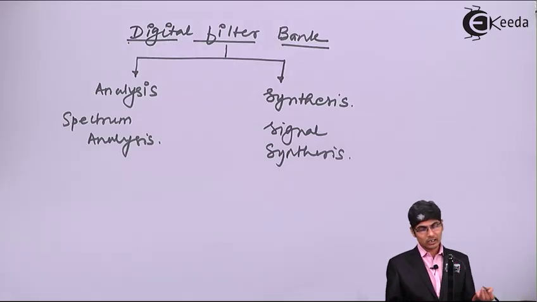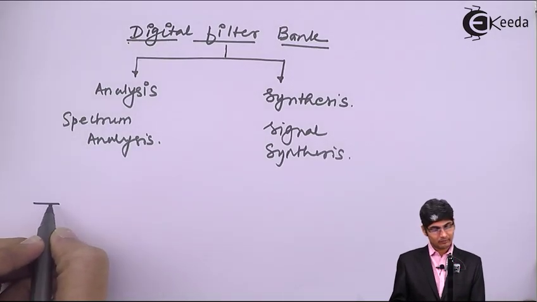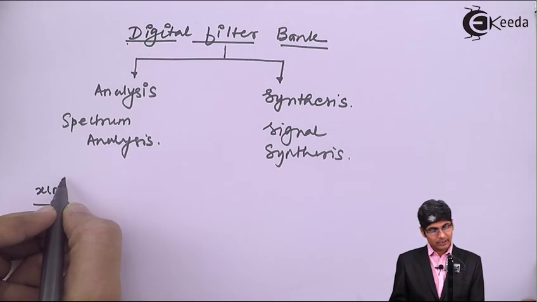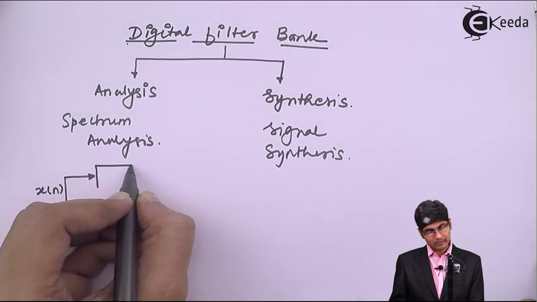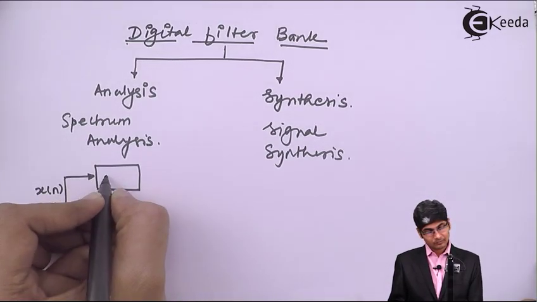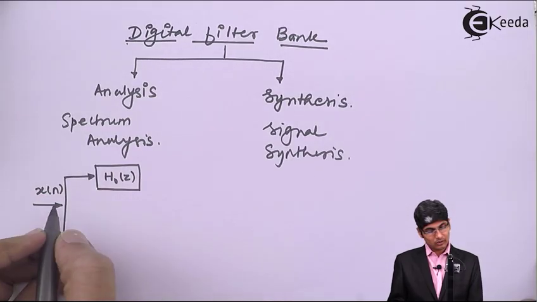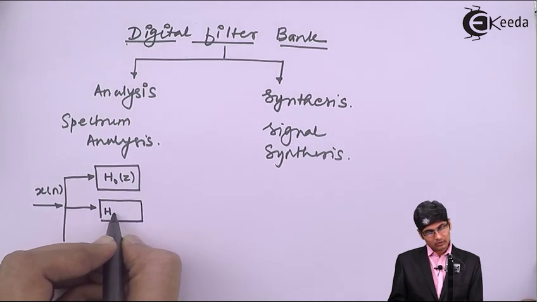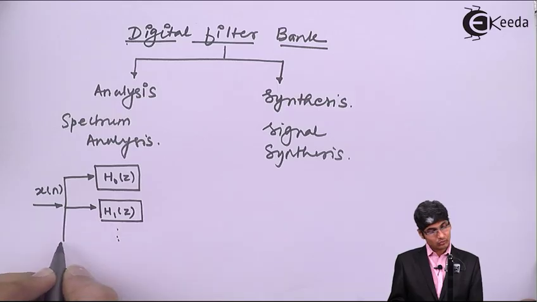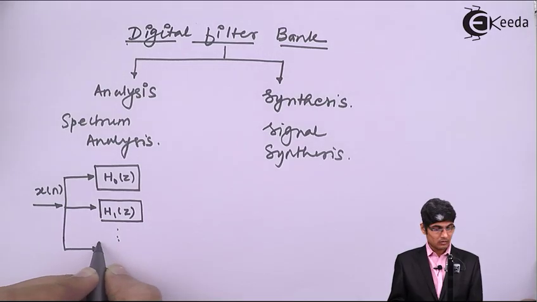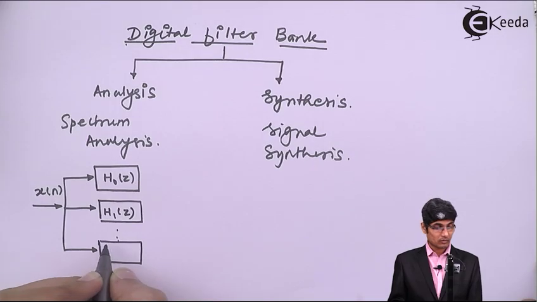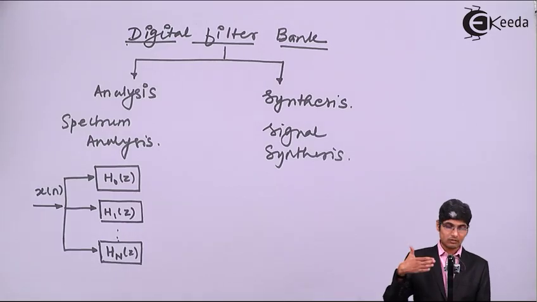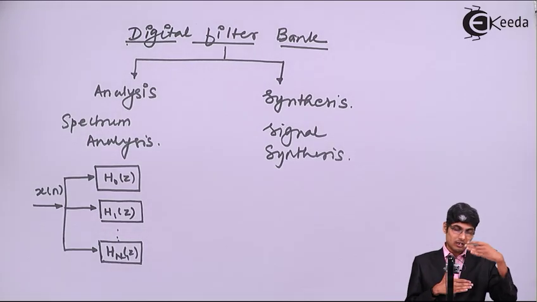So how will the bank look? You can now immediately draw the banks. We have one input x of n, which will now be split into various banks. Let's say this is H0 of z, this is H1 of z, and so on till I reach, let's say, H n minus 1 of z, because I am starting with 0.